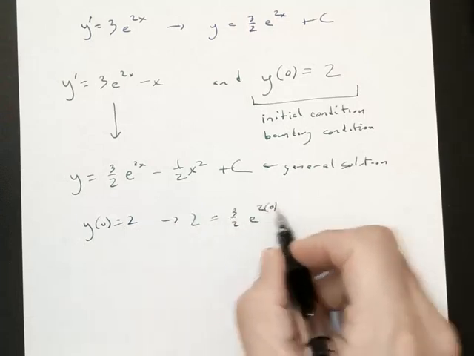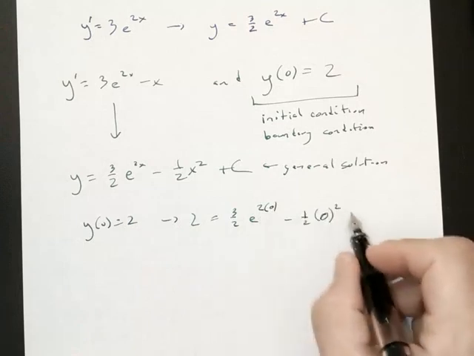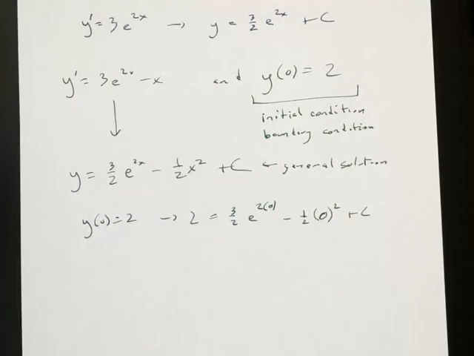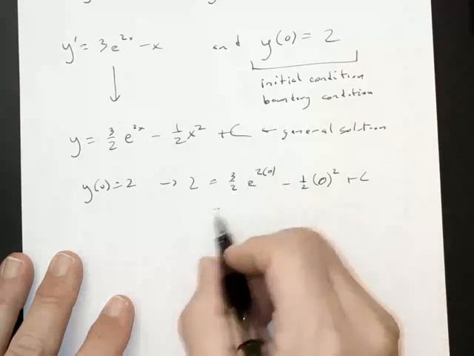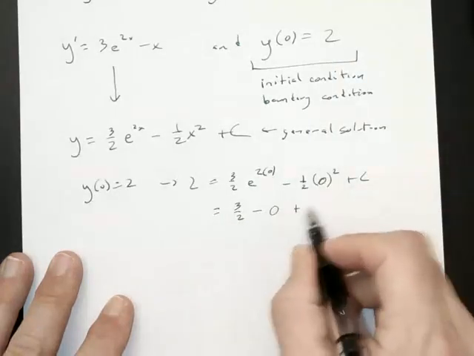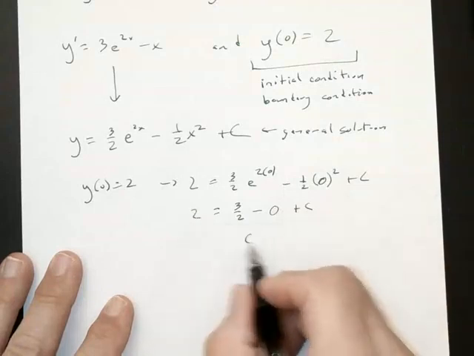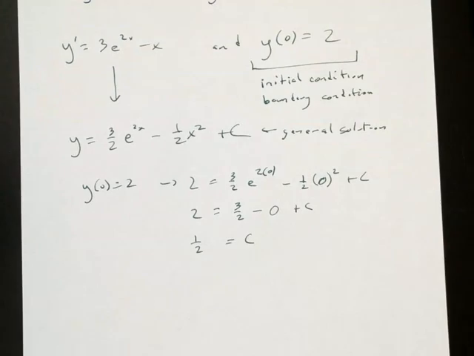So I plug in 0 for the x and 2 for the y value on the other side, and then I can figure out the value of c in this case. So here, e to the 0 is 1. This is 3/2. 1/2 times 0 squared is 0. So c is 1/2.